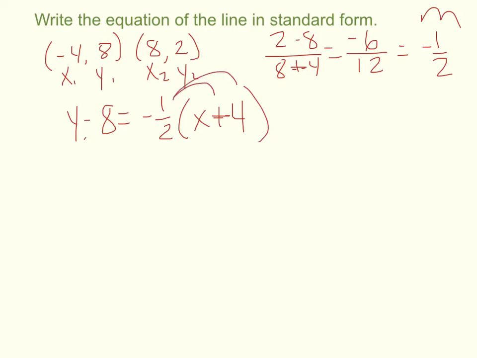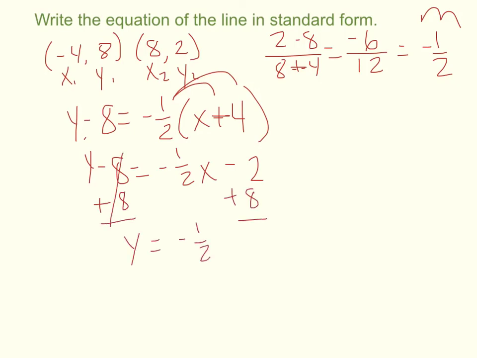Distribute your negative 1/2, so y minus 8 equals negative 1/2 x. Now negative 1/2 times 4: a negative times a positive is negative, and half of 4 is 2. Okay, get the y by itself. So you have y equals negative 1 over 2x plus 6. Y is by itself. Now I need to move the x to the other side.